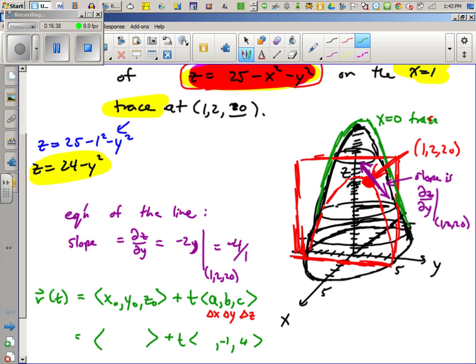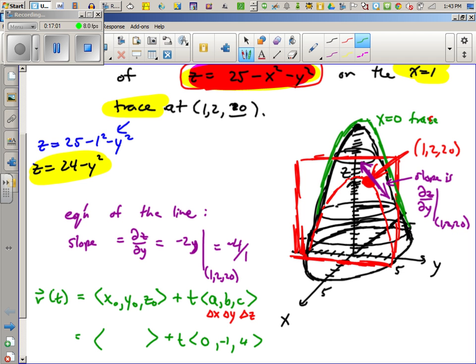We're almost done. What is the a value? What is the delta x? Well, this line is on an x equals 1 trace. It never changes its x, right? So this is just 0. The change in x is 0. It doesn't come out of this plane. It's stuck on that plane.